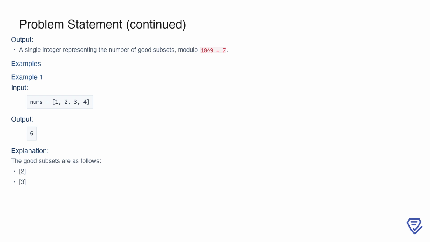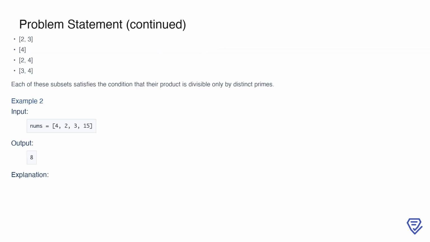The key takeaway here is that for each subset, we need to verify that the product of its elements involves only distinct prime factors. Continuing with the same example, the remaining good subsets are 2, 3, 4, 2, 4, and 3, 4. Let's break this down. The subset 2, 3 is good because the product 6 is divisible by the distinct primes 2 and 3.